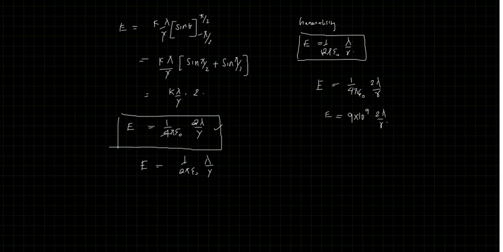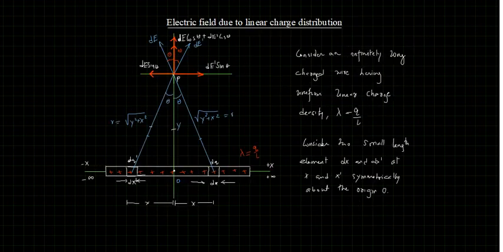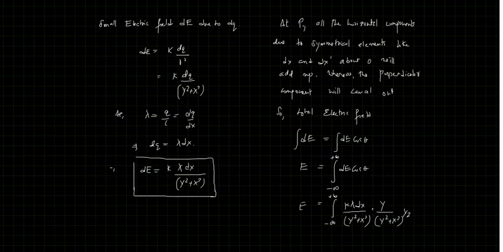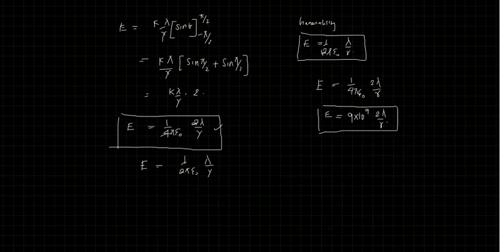Now the vector diagram, as you can see, this is along the y cap direction, that is j cap direction, sorry. So E vector in vector notation I can write as 9 into 10 to the power 9 2 lambda by r j cap. This is the vector notation.